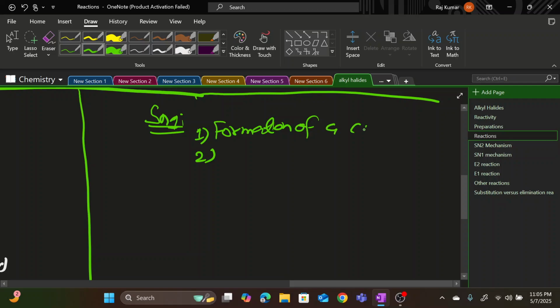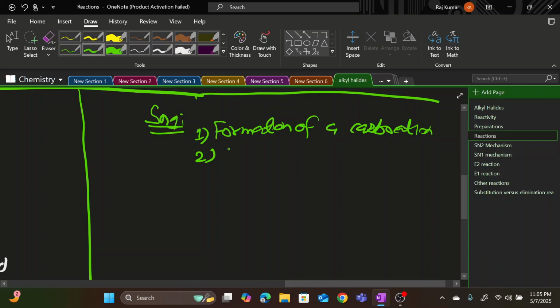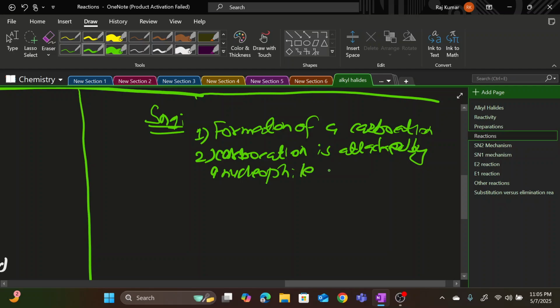What actually happens is the leaving group in the alkyl halide leaves the carbon and forms a carbocation, and in the second stage that carbocation is attacked by the incoming nucleophile, and that incoming nucleophile then attaches, due to which the bond forms.